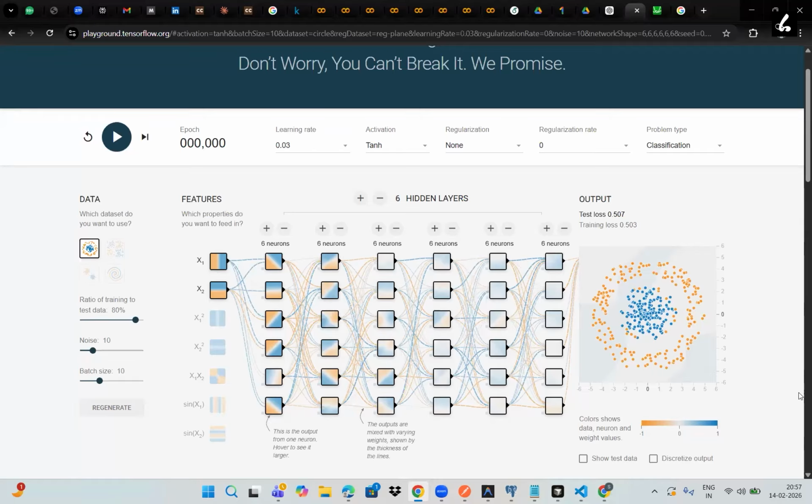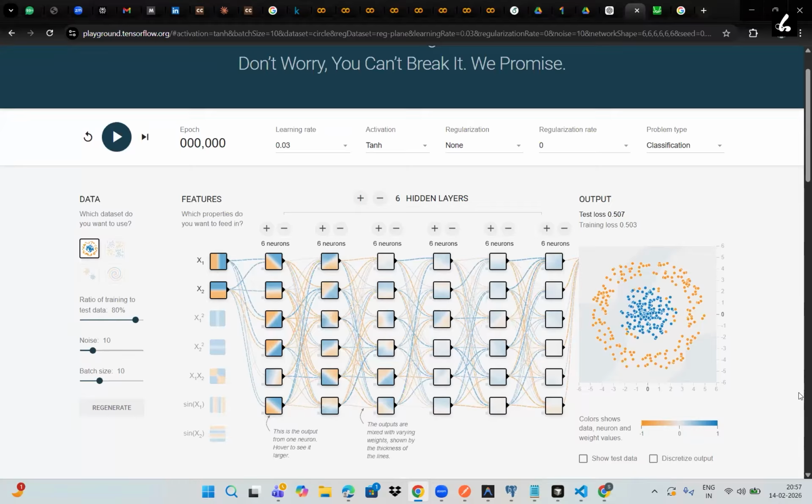I'll make any column a target variable. Now I will add more and more hidden layers and build a model which overfits this data.